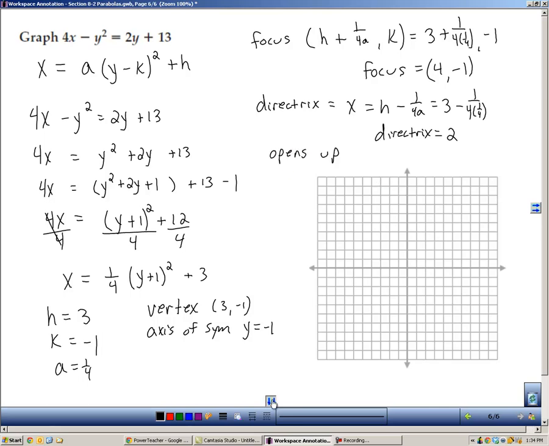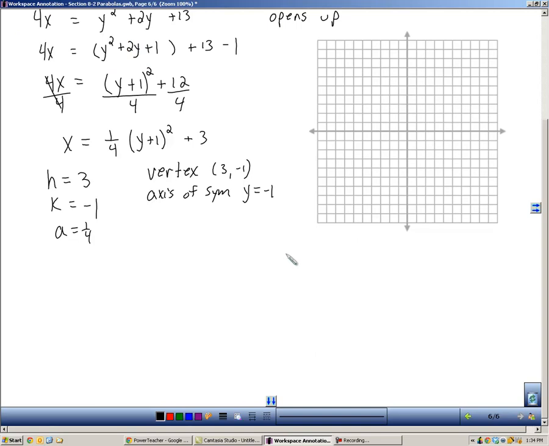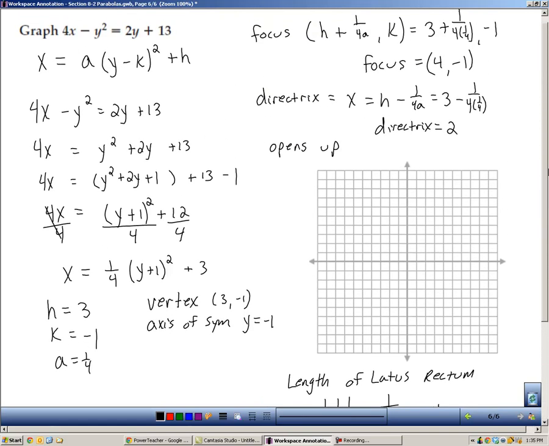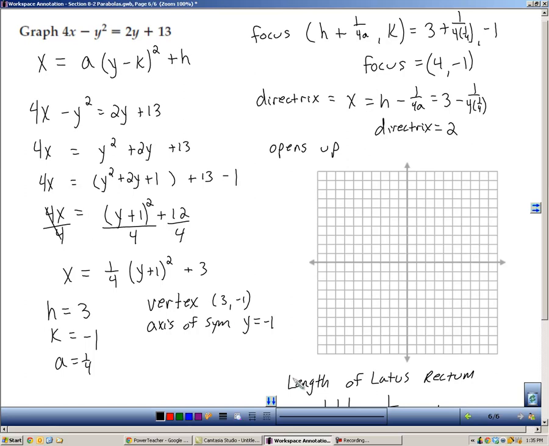And then I'm kind of out of room for it here, but the length of the latus rectum is 1 over a. And since a is 1/4, it's 1 over 1/4, which is the reciprocal. So the length of the latus rectum is 4. So all that information can be found by putting my equation in standard form.